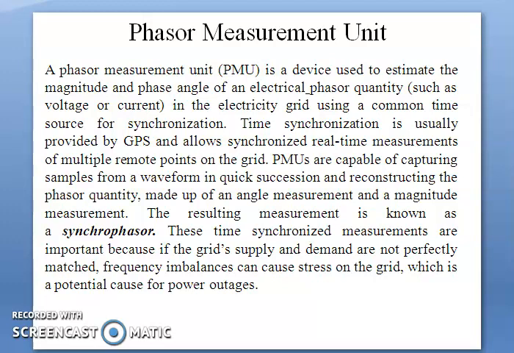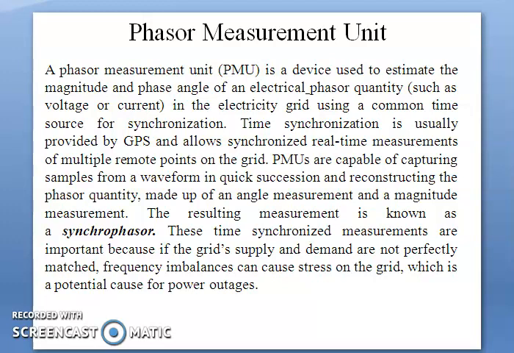PMUs are devices which are used to estimate the magnitude and phase angle of an electrical phasor, that is voltage and current, in a grid which uses a common time source for synchronization. We know that we are in need of estimating phasors for digital relaying, and those phasors are estimated by the use of phasor measurement units.